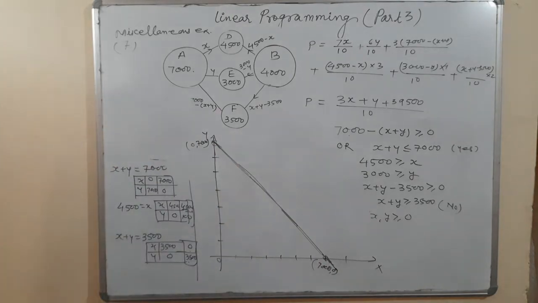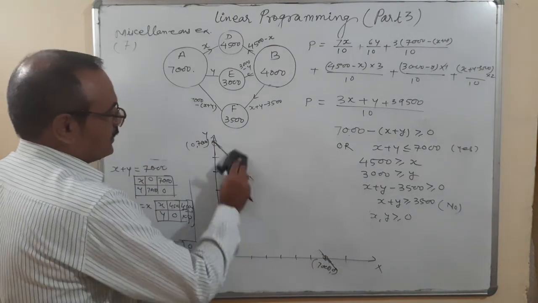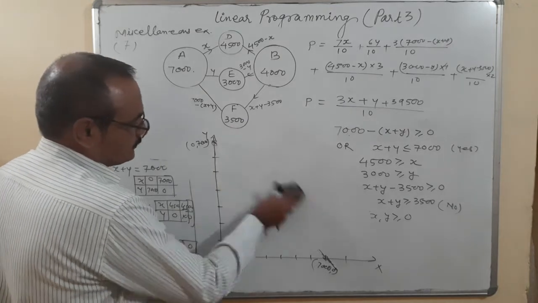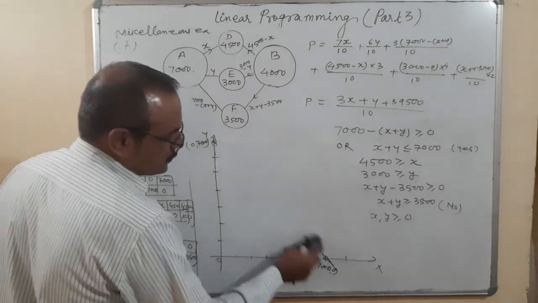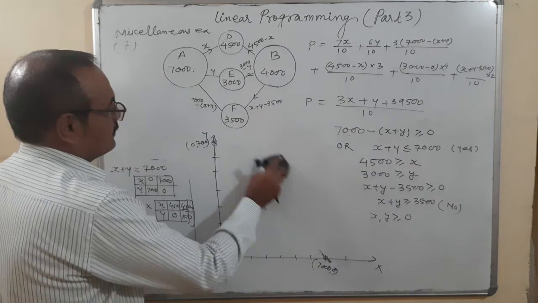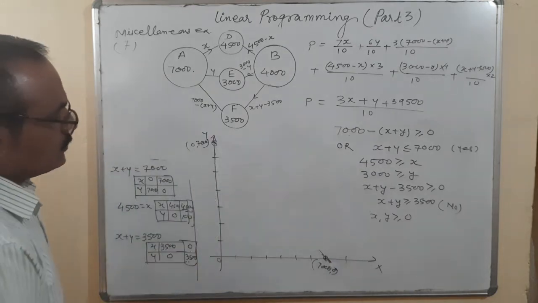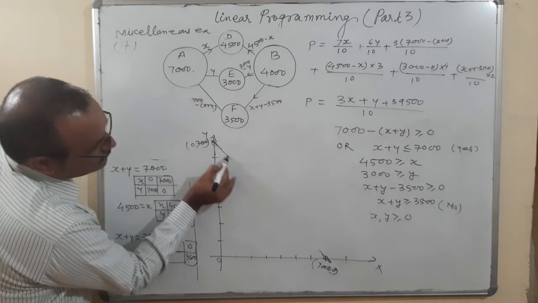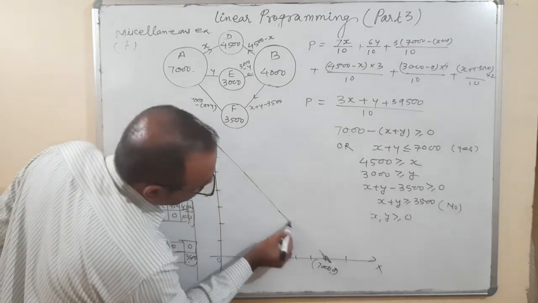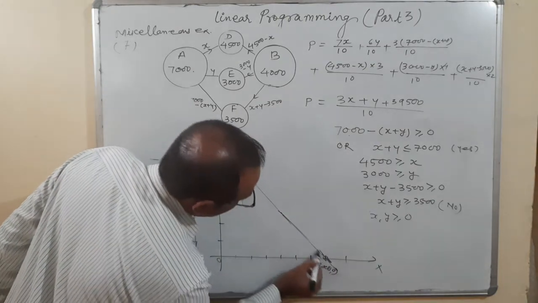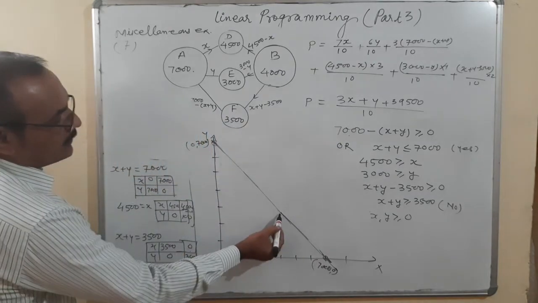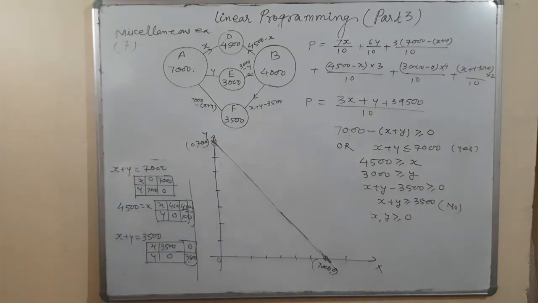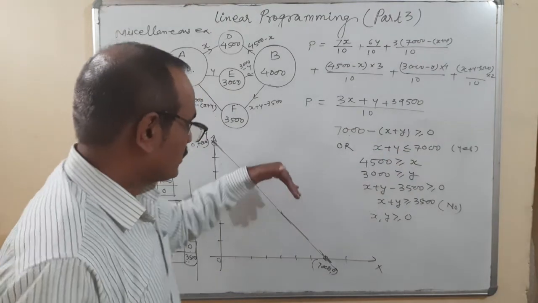No. The line is not coming correct. Why should these lines be exact? Only then will you enjoy the solution of the question. Okay. Here it's okay now. Leave it. It is yes towards the origin.